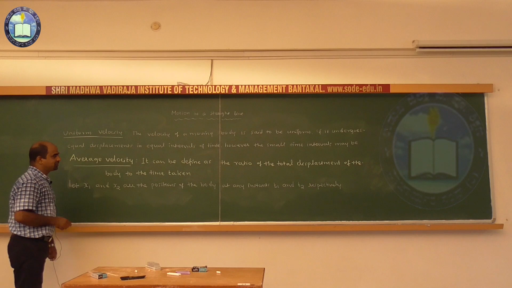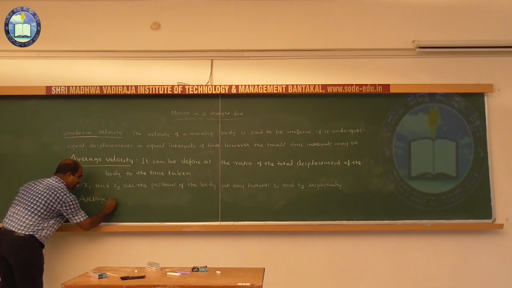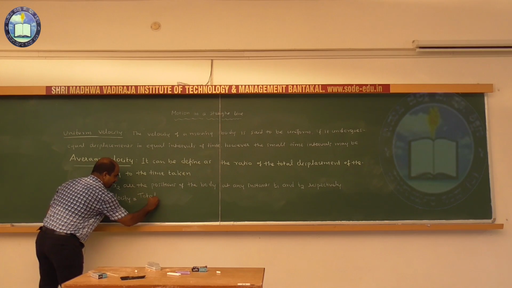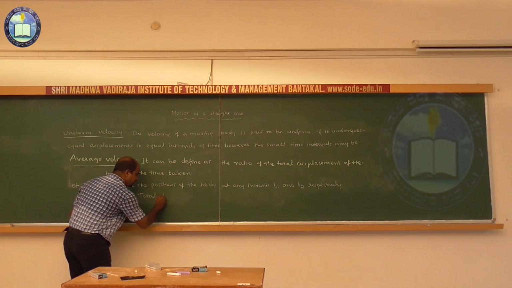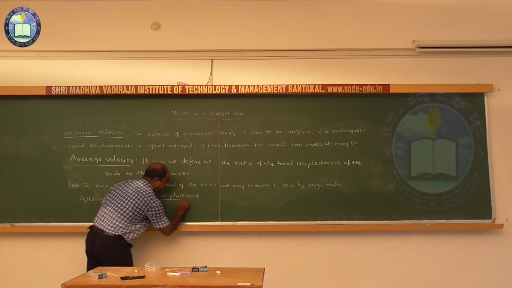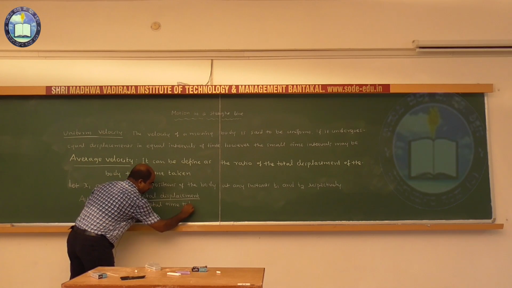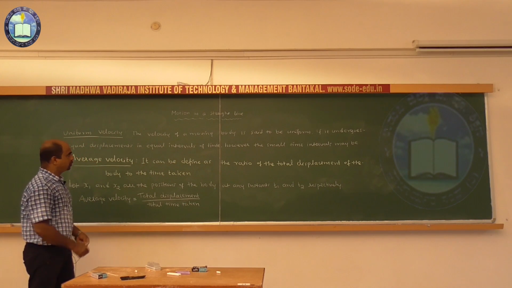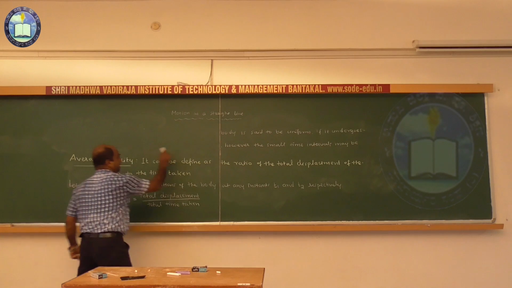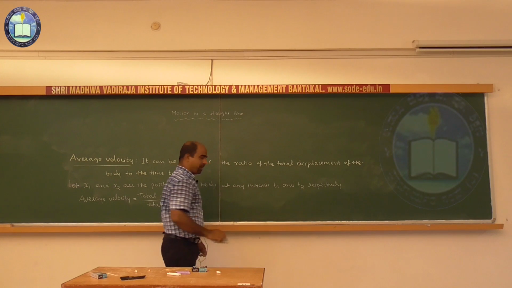Then the average velocity of the body is given by the total displacement of the body divided by the total time taken. I will write it here. Average velocity of the body is given by the total displacement of the body divided by the total time taken.